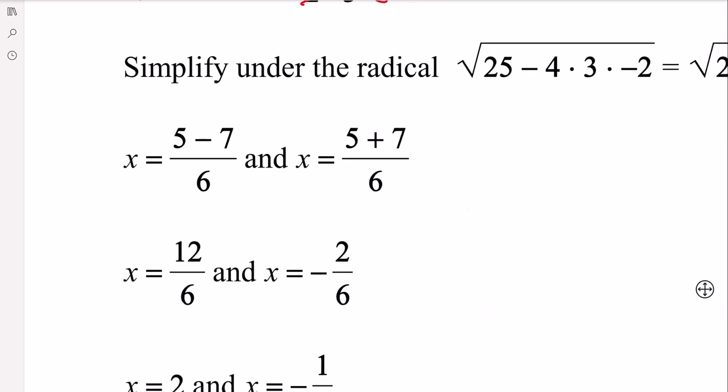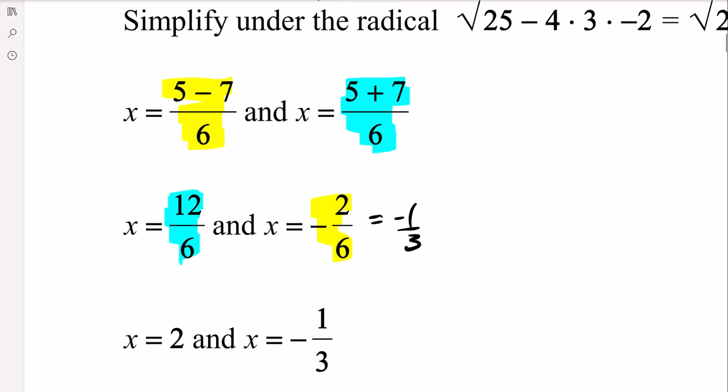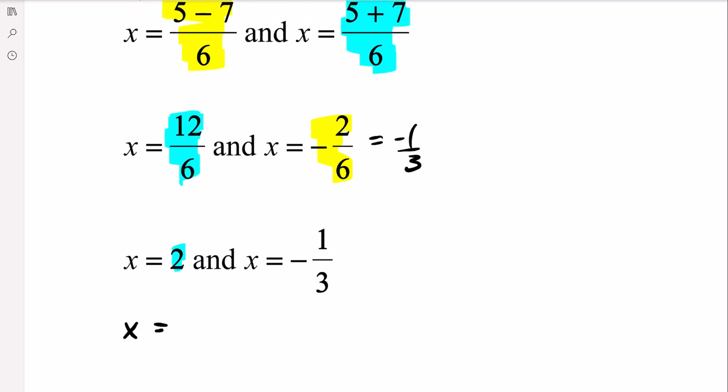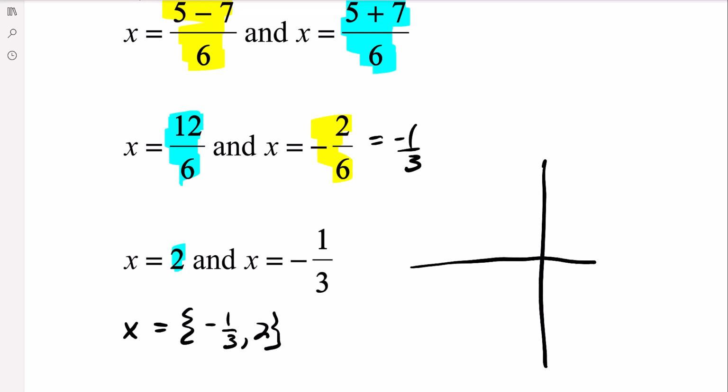Well, 5 subtract 7 is -2, and -2 over 6 simplifies to -1/3. And then 5 plus 7 over 6 is 12 over 6, which is x is equal to 2. So really, you should be writing it in order: -1/3, 2.